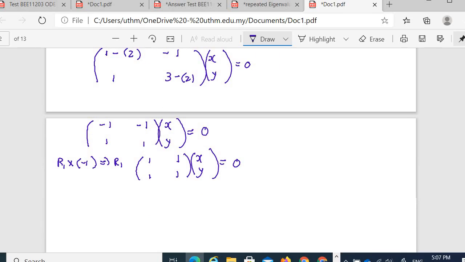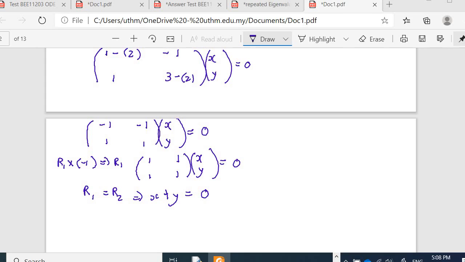So you have two unknowns x and y but reduced to only one equation. After you multiply row 1 by negative 1, row 1 is equal to row 2, which means you are left with only one equation, x plus y equal to 0. In this case, you can let x equal to s or y equal to s, either one.